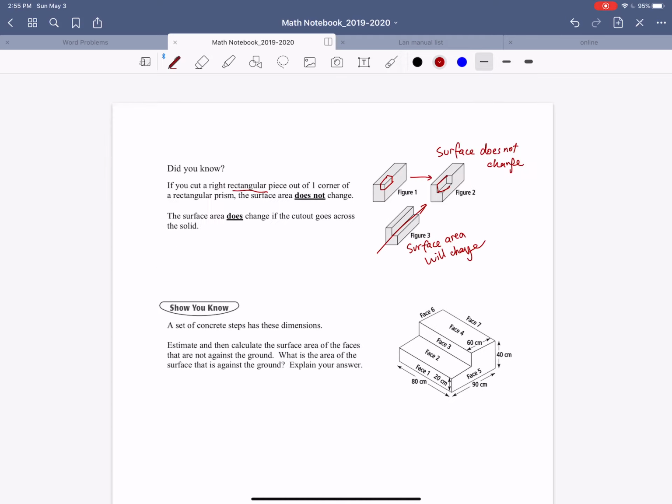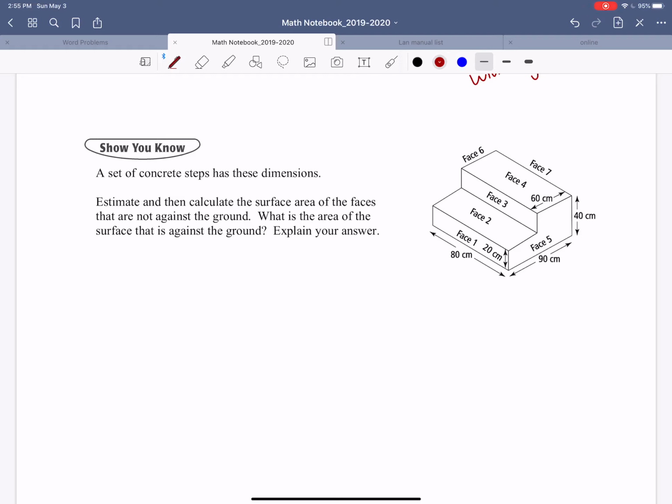So that's the staircase example. Okay, in this case you just have to add all the faces together. So you need to get a top view, a side view, because if you get the top, side, and front, yes, you can times 2 all of them and add them up together to get the whole surface area.